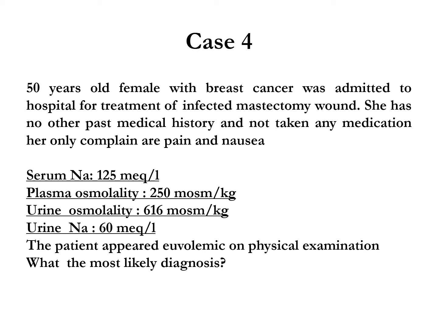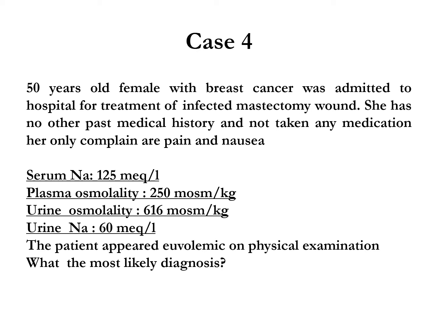Here the patient is a cancer patient with no history of any medications. The serum sodium is low, so the patient is hyponatremic. The plasma osmolarity is also low, so the patient has true hyponatremia.